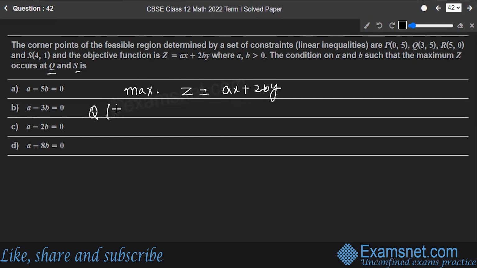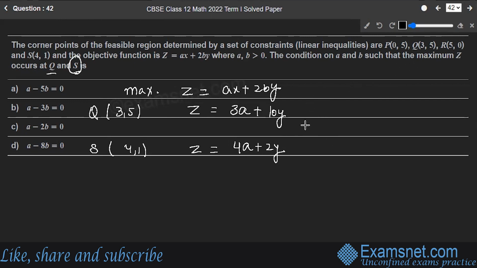The Q point was given to you as (3, 5). So for (3, 5), the value of z comes out to be 3a plus 10b. And it is also occurring at S. S is given by the point (4, 1). For this point, z is equal to 4a plus 2b. Okay, so I have 2 equations.